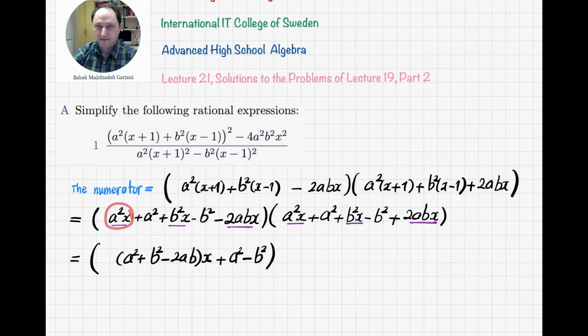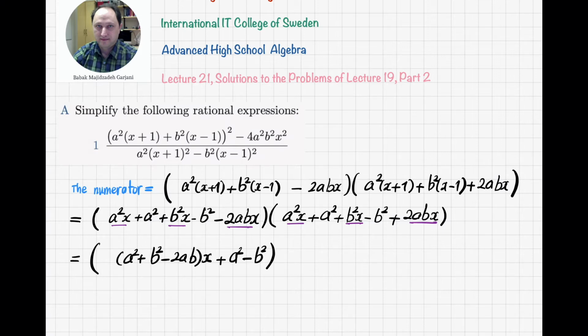Between these three terms, I factored x out. From this term, a squared is left. From this term, b squared is left. And from this term, minus 2ab is left. And then you see that there is an a squared here and a minus b squared here, which I wrote at the end.